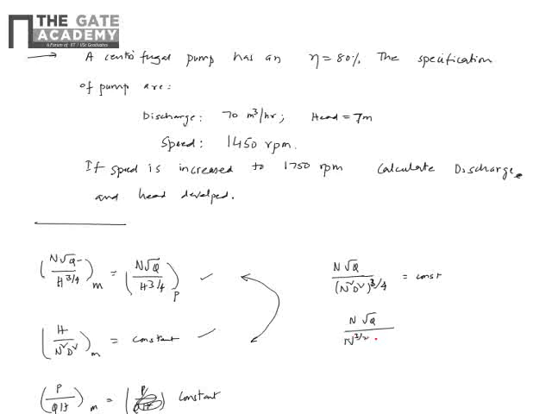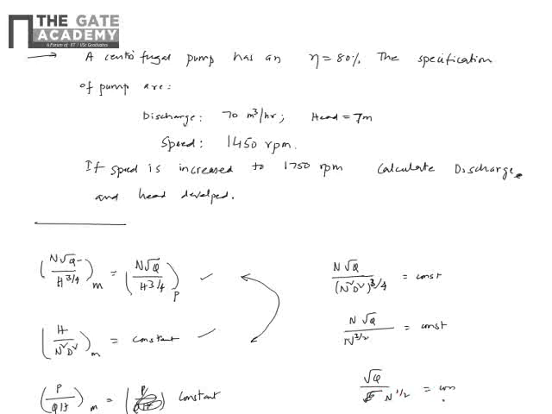Diameter is constant because we are just changing the operating condition of the same centrifugal pump. So I can write it this way, root Q by, the diameter is not changing so I've just removed the diameter, and this can be written as N^(3/2 − 1), that is N^(1/2), equal to constant.